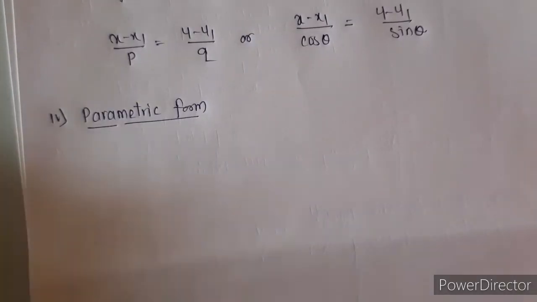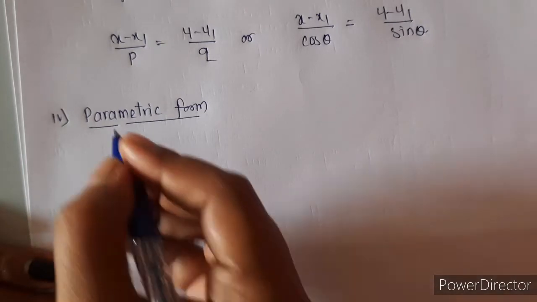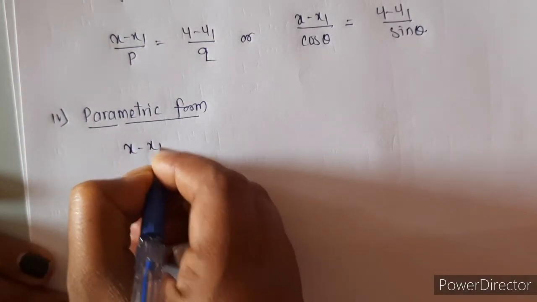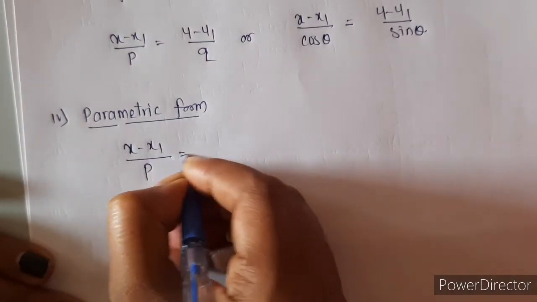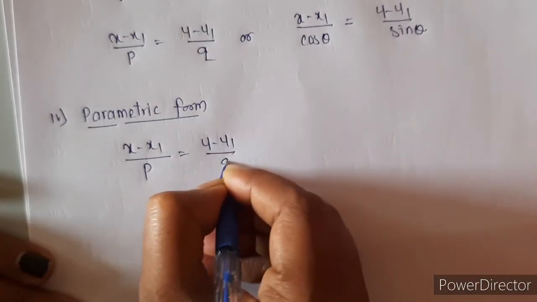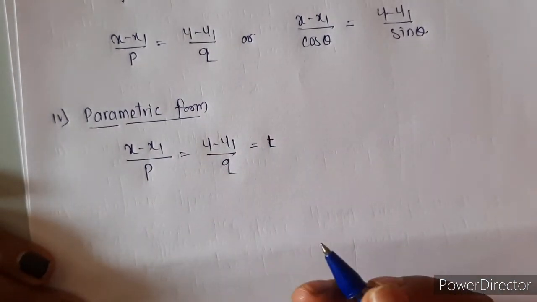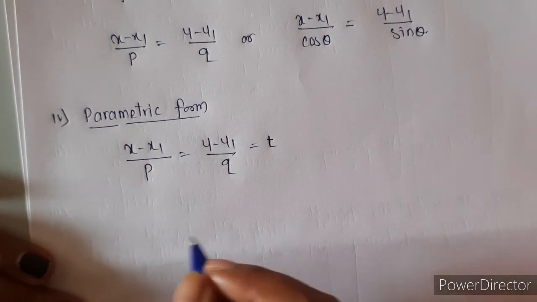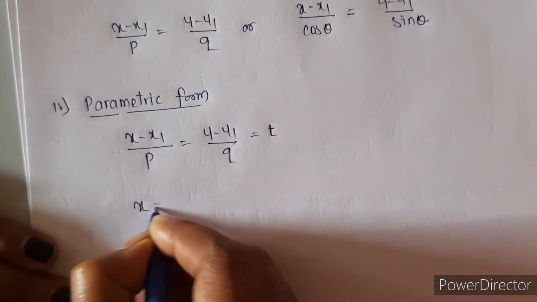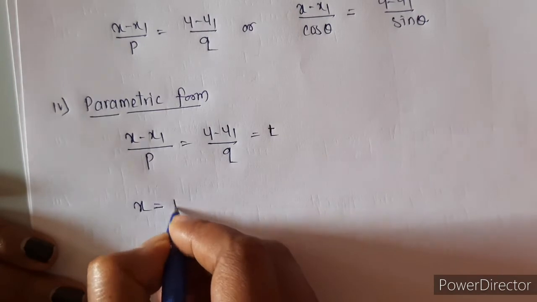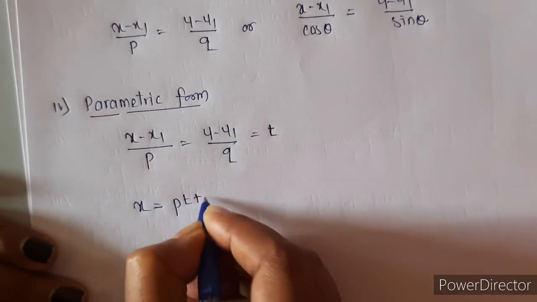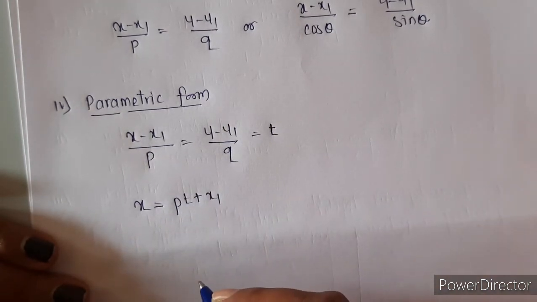Next is parametric form, and it follows from the symmetric form itself. What is symmetric form? x minus x1 by p equals y minus y1 upon q. We have to equate it to some parameter. I am taking a parameter as t. So we can write this as x equals p times t plus x1.